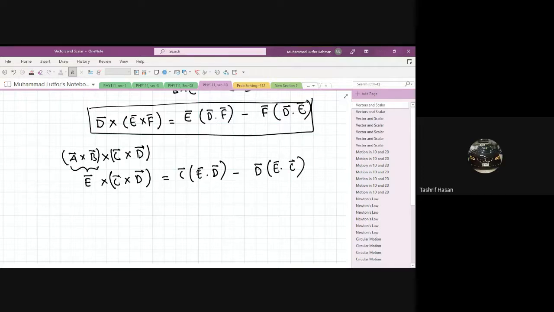Sir, I have a question. Yeah, sure. Sir, you are not using any dot sign or cross sign on the right hand side before the first bracket. Is it the cross product, sir? This is the cross product over here. No, sir, I'm talking about the right hand side, before the first bracket. Oh, this one.